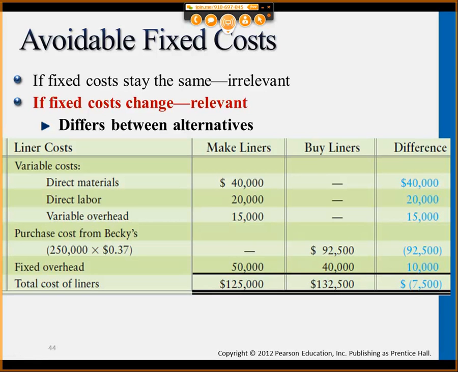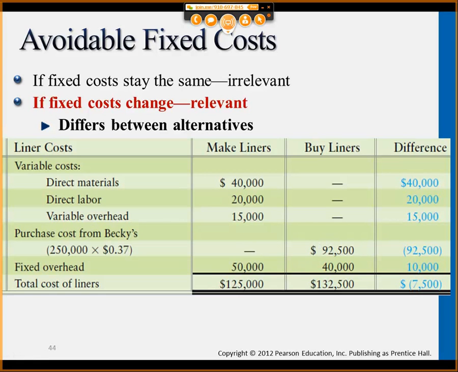It means we're outsourcing, so this is our outsourcing. If we are going to buy them, that's $92,500 of excess and variable cost. We have something in addition to our variable cost, and here it's just 75. Do you see? So we have a greater number here.